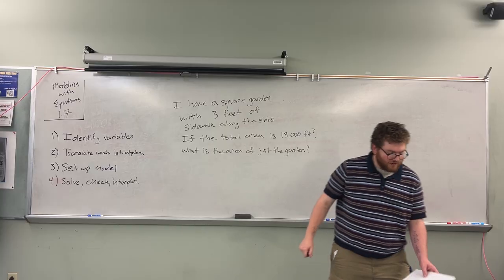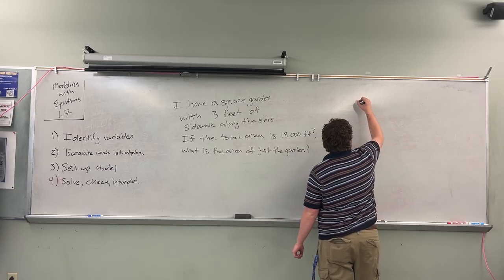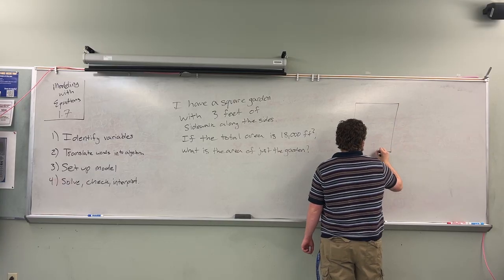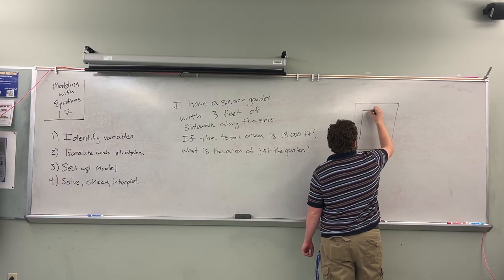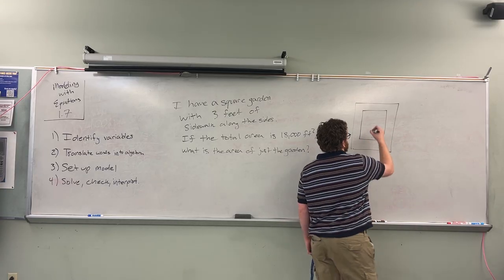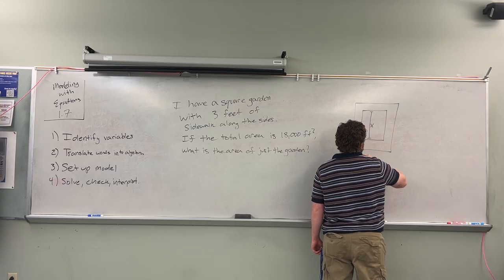So this is useful for having a picture drawn out. So I've got my whole thing. My garden is surrounded by sidewalk. All right, and here's my garden of unknown dimension x.